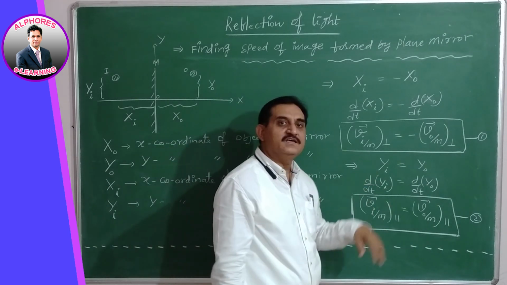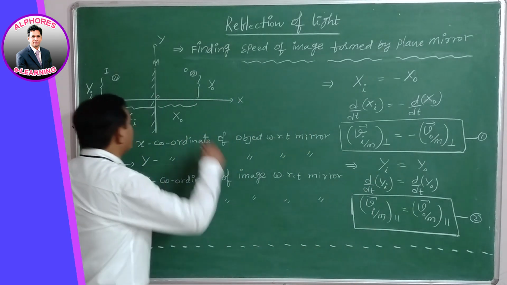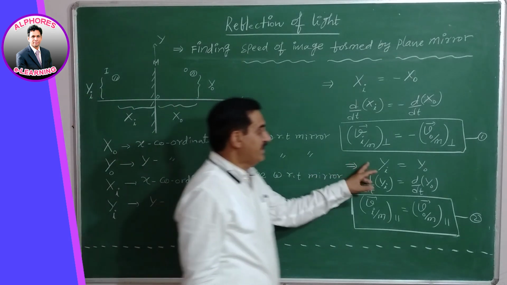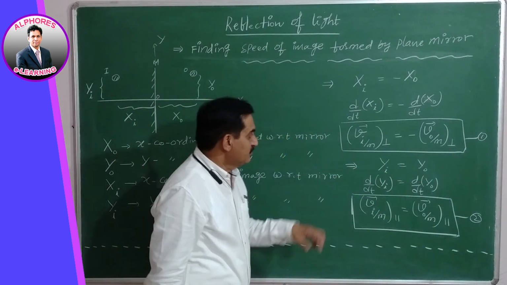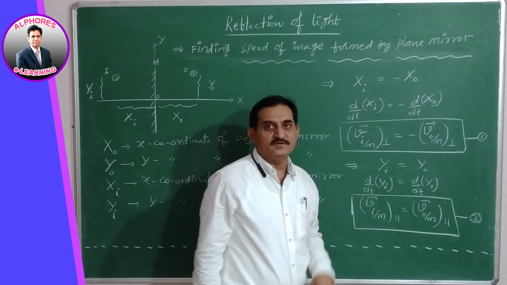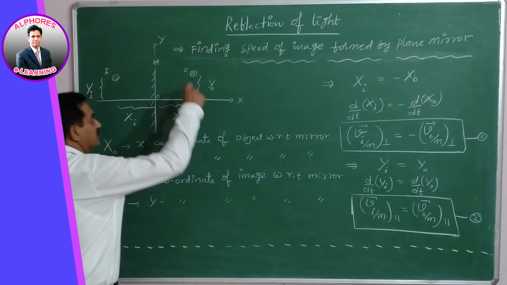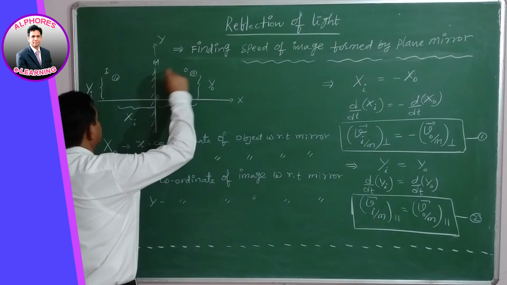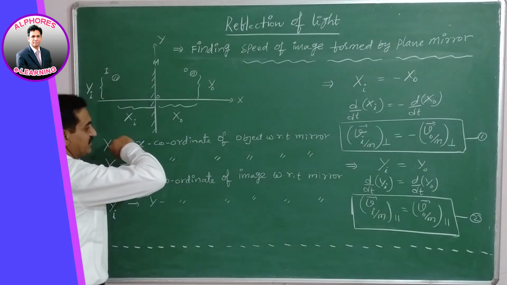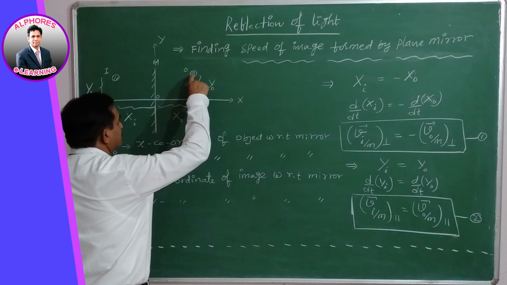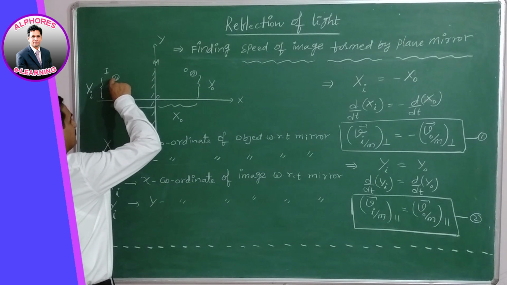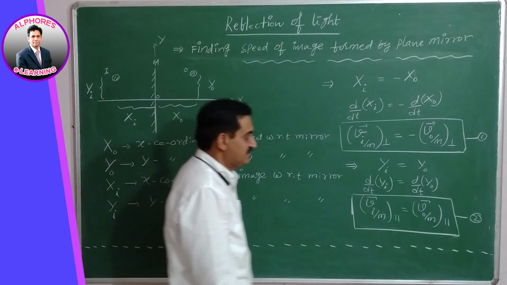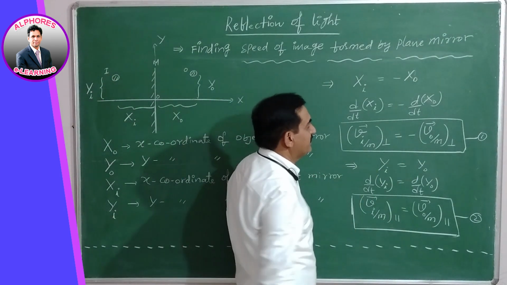And go for another relation, taking y coordinates: yi is equal to y0. Here on both sides we are taking positive y. This is along the positive y, and this is also along the positive y, meaning both are in the positive direction of the y-axis. Therefore, we are taking both as positive.